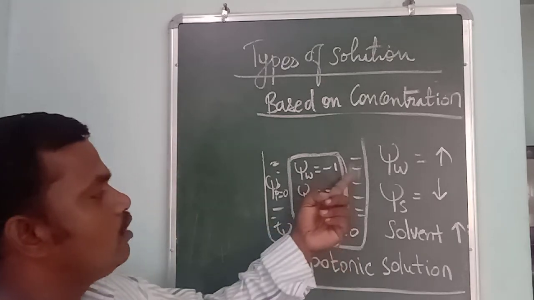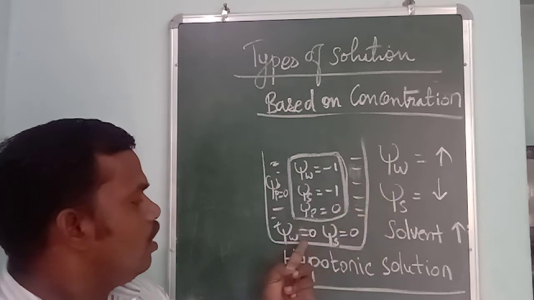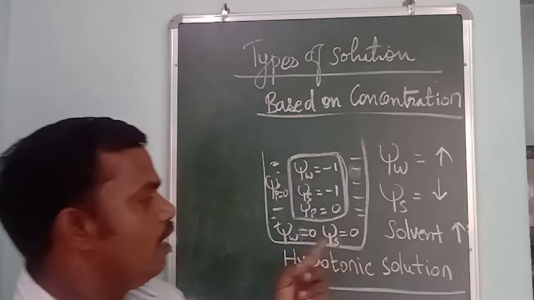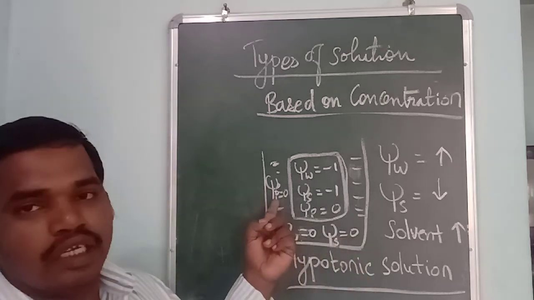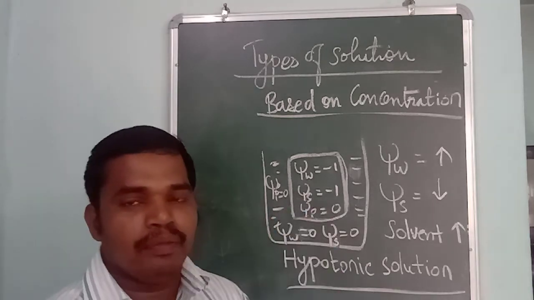Outside of the cell, the water potential is denoted as 0, the solute potential is 0, and the pressure potential is 0. Clear? Look at this, what will happen now?